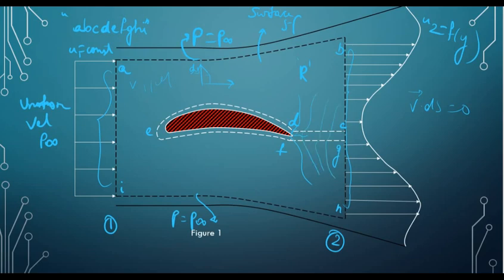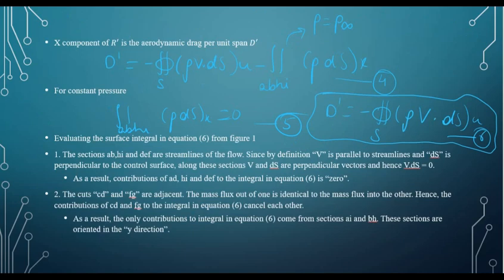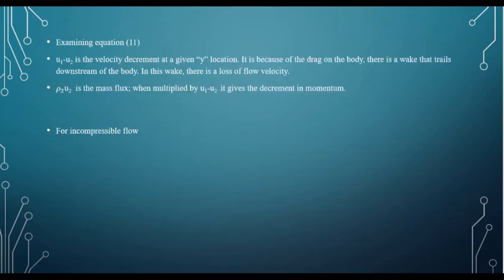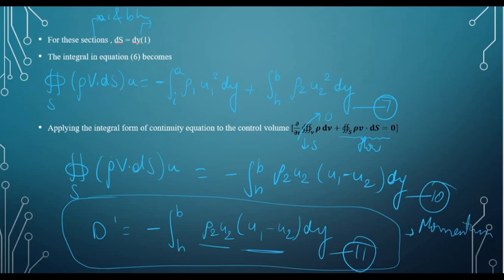Observing this equation, can we come to a conclusion that the wake momentum decrement, that is this part of my equation, is equal to drag per unit span or drag on the body?